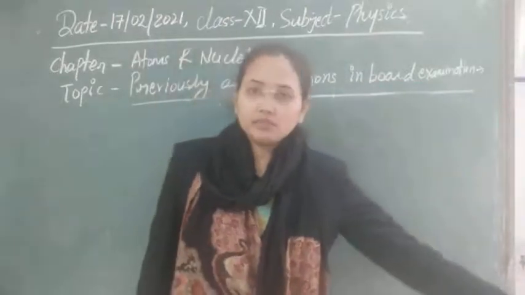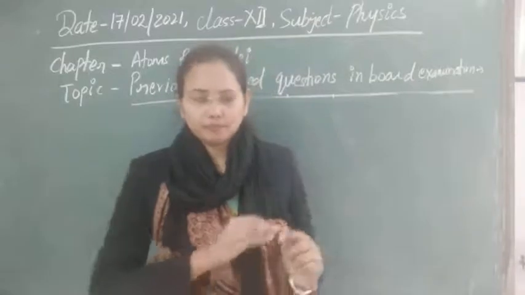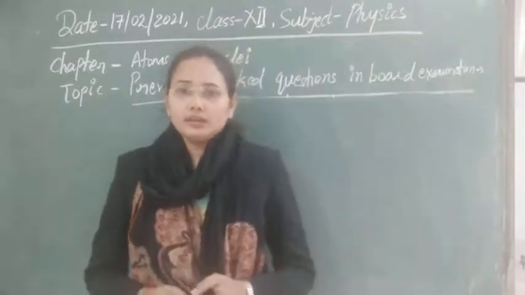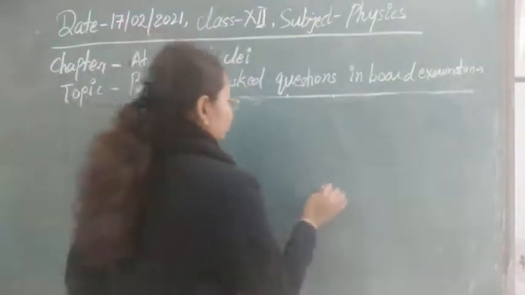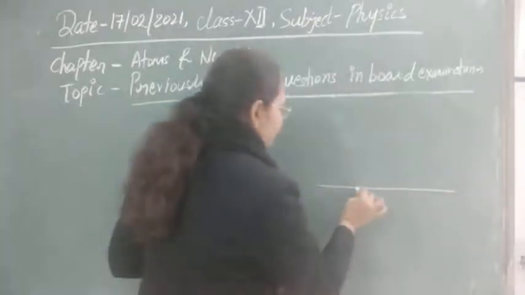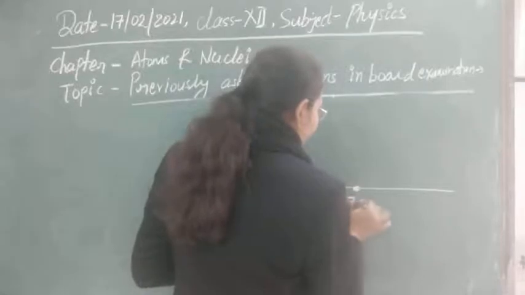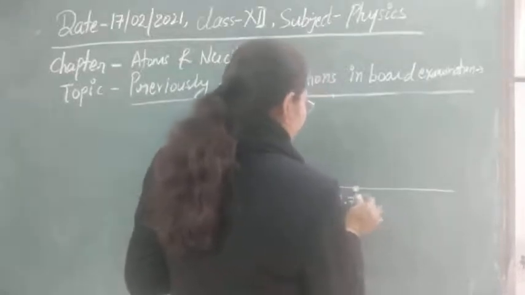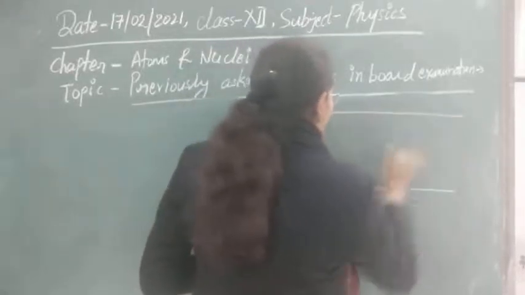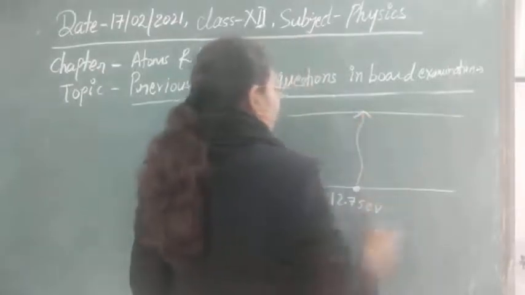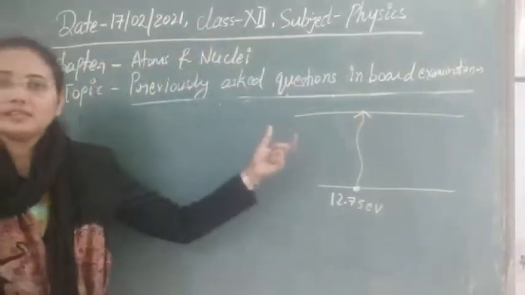So this question I have just discussed yesterday also. Whenever any electron is in the ground state and we have used an electron beam of 12.5 electron volt energy, then obviously this electron will be excited and it will go into one of the excited states.